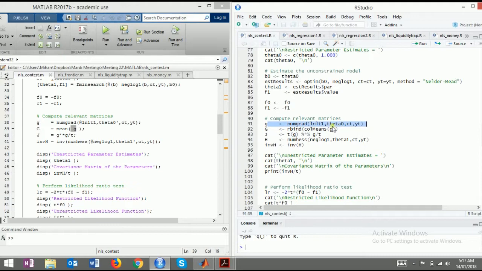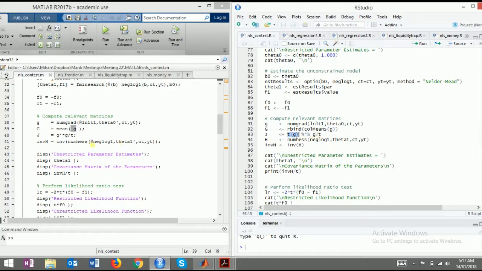Here we are taking the means of each column and putting them all in one column with rbind, and this is the transpose of G multiplied by G divided by T.